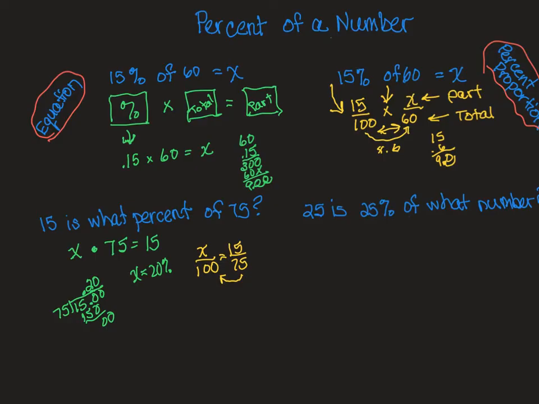If you put that in your calculator, it would be 1.33 repeating. So this would be times 1.33 repeating. If you multiply that by 15, you're going to get very close to 20, like 19 point something, and the answer would round up to 20. But you won't get that exactly.